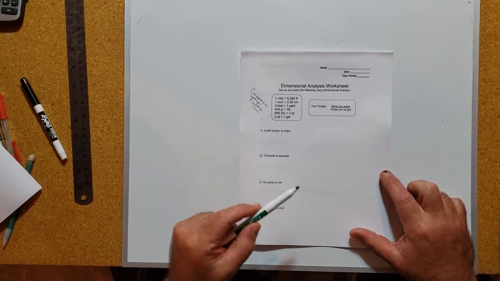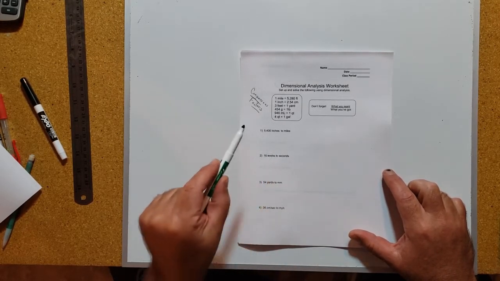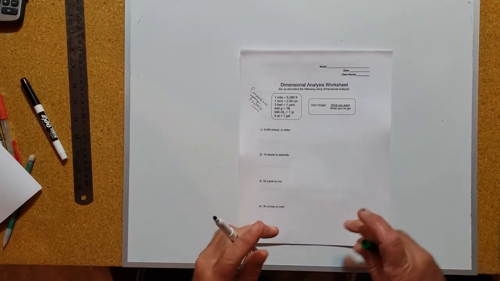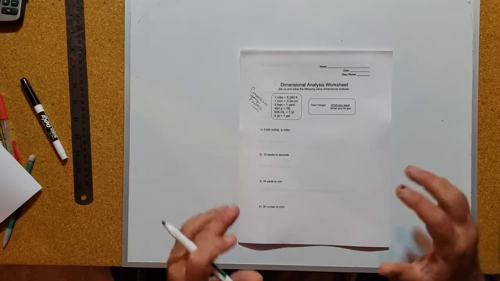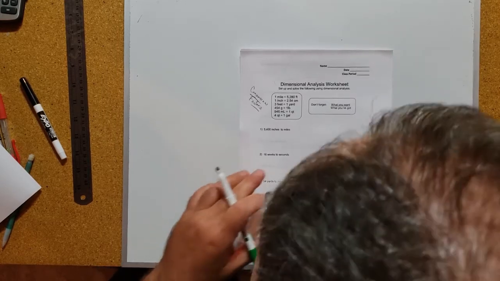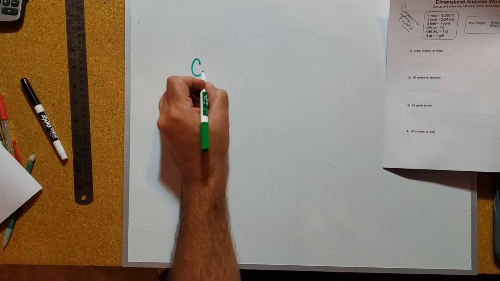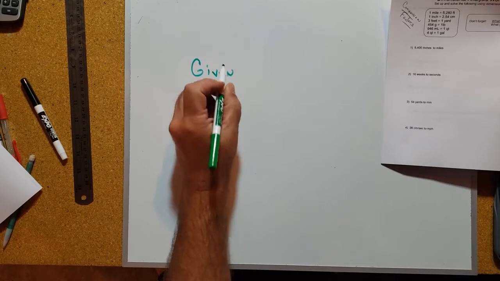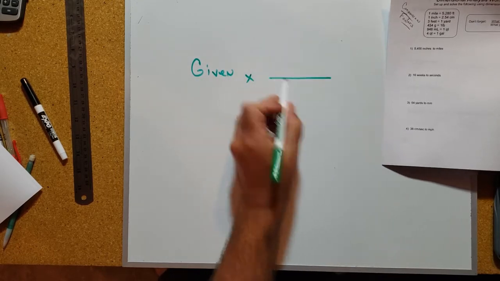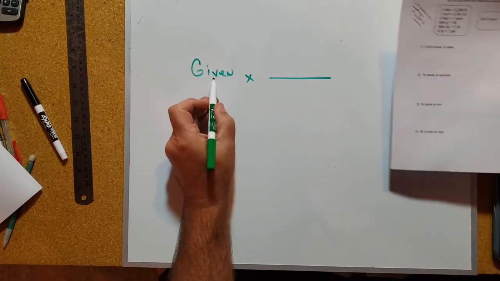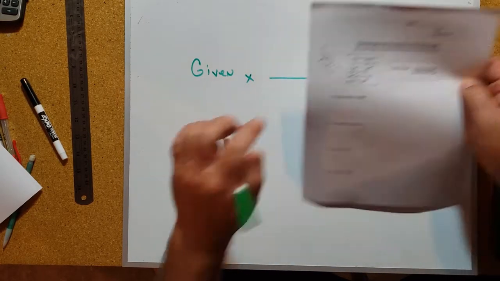The real crux of the solution is how do I set up my equation so that I do this properly? Let's just jump right in. Let's go back a second and give ourselves a generalized equation. We always begin our equation with the given. In this case, it's the 5,400 inches.